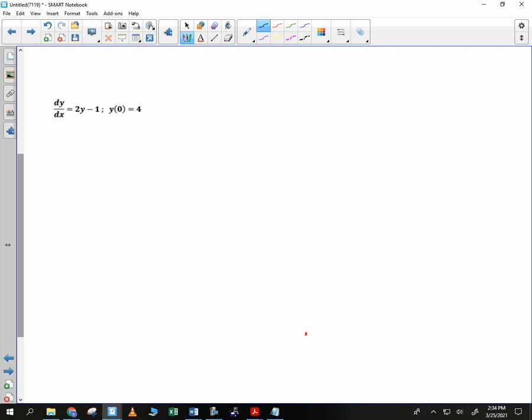Notice I don't have any x's. First of all, I'll multiply both sides by dx. So I get dy is equal to 2y minus 1 dx. And as I separate these, I'm going to divide both sides by 2y minus 1.